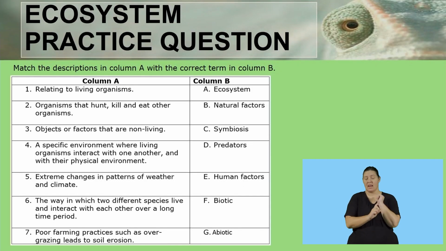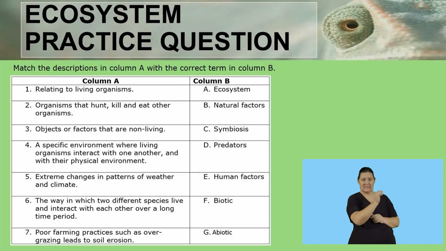And lastly, we have poor farming practices such as overgrazing leading to soil erosion. So now that we have read these descriptions, I want us to write which terms fit the descriptions in column A.